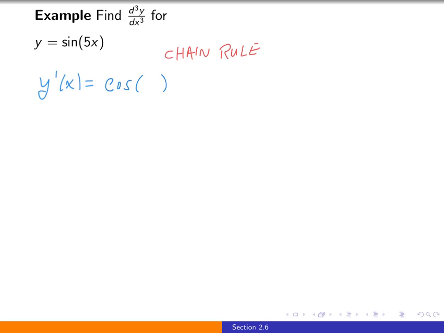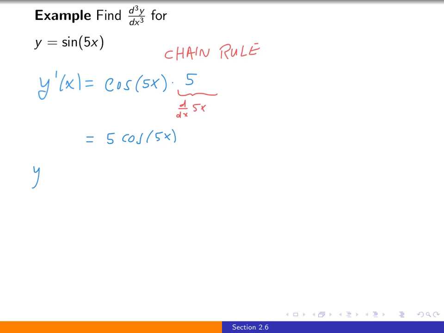We evaluate this at the inside function, 5x, and then we multiply this by the derivative of that inside function, the derivative of 5x, which is the number 5. So y prime is 5 cosine of 5x.